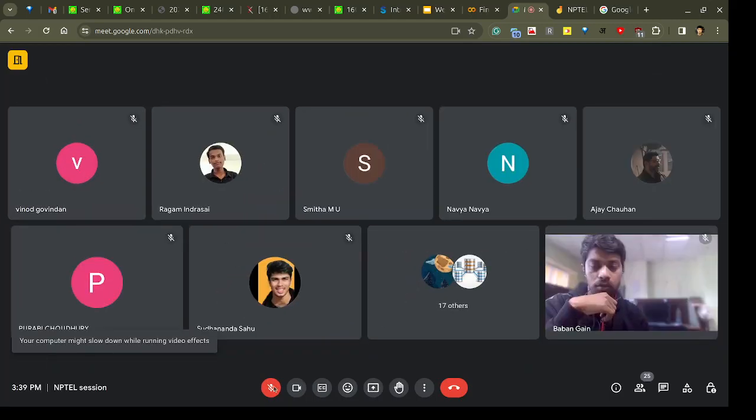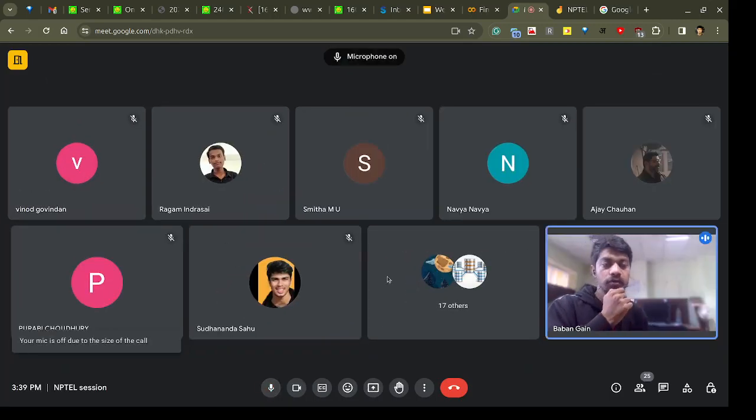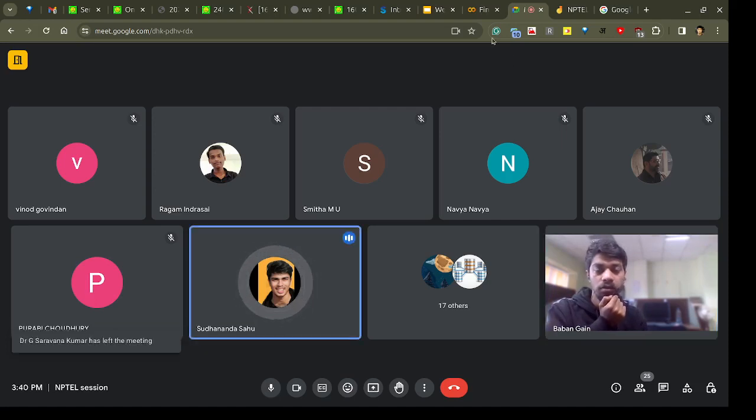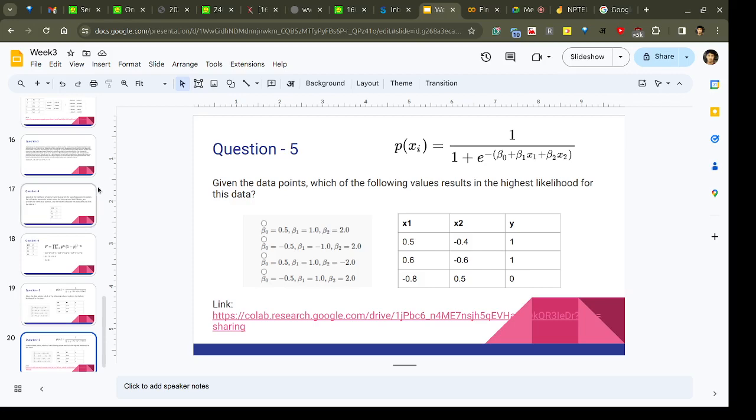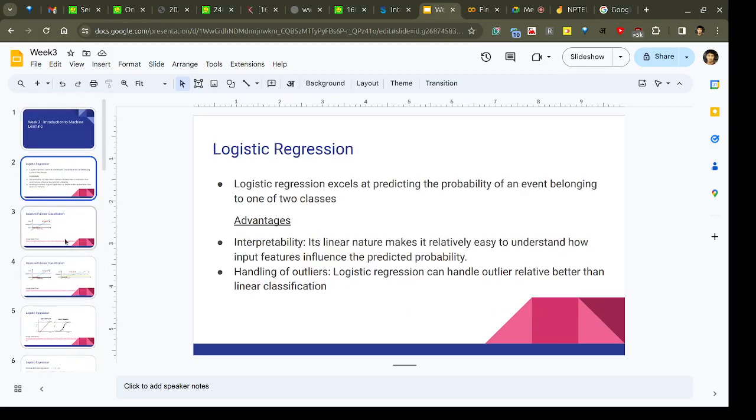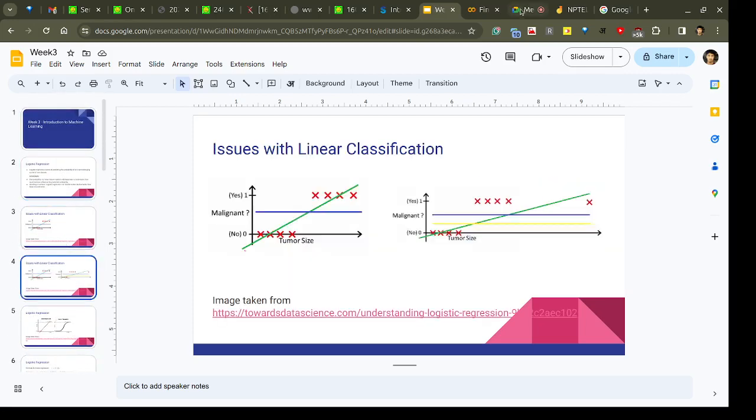Hello everyone. Can you please tell me from when I am not audible? So we were on logistic regression. Okay, let me share the screen again.